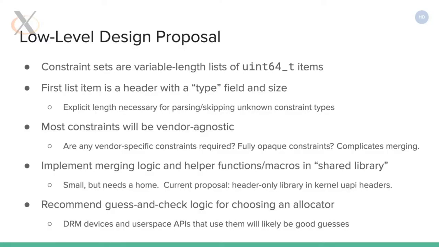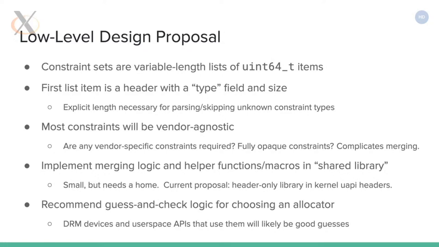In our design, most constraints are vendor agnostic. We've tried to come up with a solution which doesn't involve vendor-specific constraints, but maybe those are required somehow. This will complicate merging a little because it will be difficult to have a single merging function.